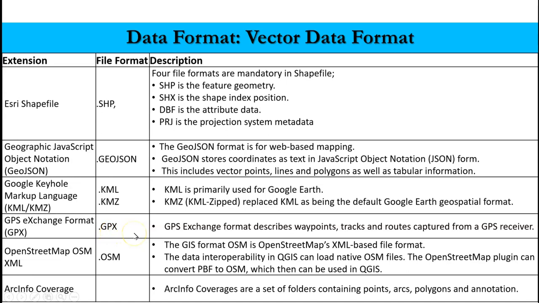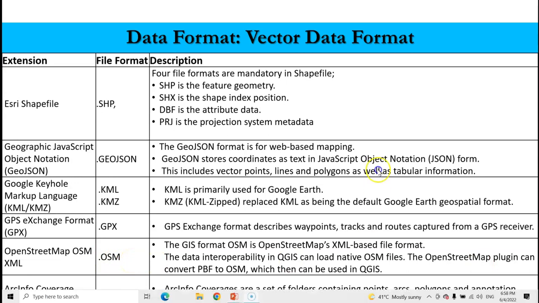You can always use this GPX data directly in the GIS platform, and you can also convert it into another extension like SHP. And then OSM. Nowadays people are using the QGIS OpenStreetMap plugin. You can convert PBF to OSM easily.